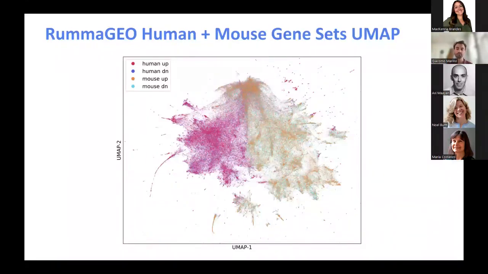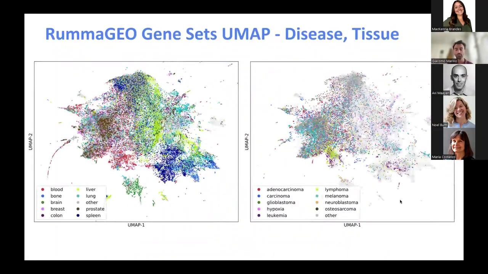Visualizing all of these gene sets for both human and mouse, we can see that there is a fair amount of separation for human and mouse, with some density where they overlap here at the top. This is looking at harmonized gene symbols between both human and mouse. We can also color this UMAP by various metadata attributes that we previously identified.